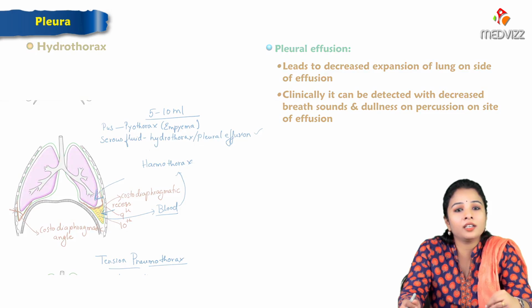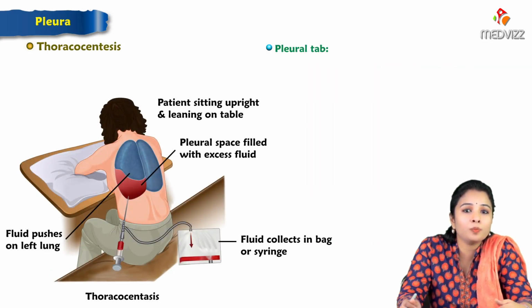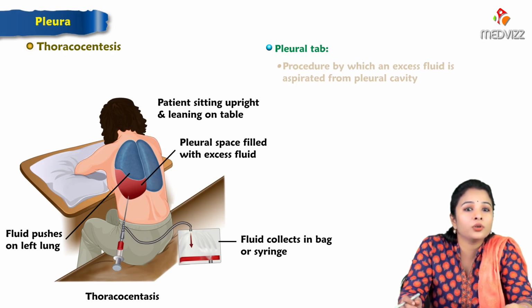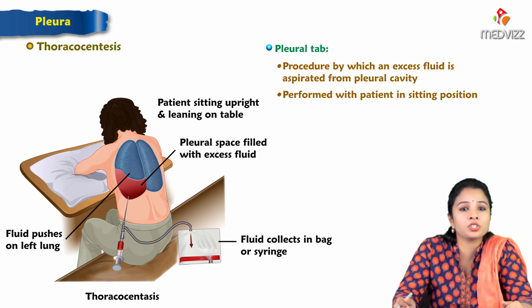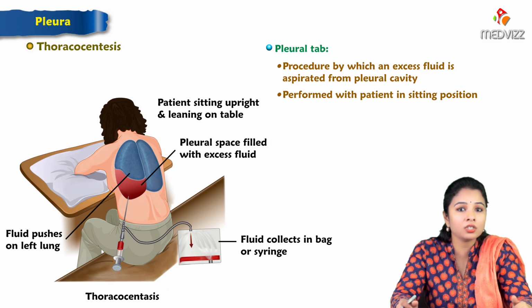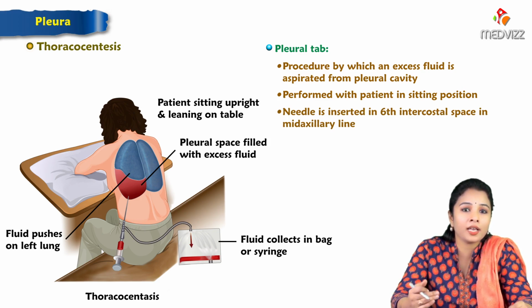The next clinical association is thoracocentesis, otherwise called pleural tapping. It is the procedure by which the excess fluid is aspirated from the pleural cavity. It is performed with the patient in sitting position. Usually the needle is inserted in the 6th intercostal space in the mid-axillary line.